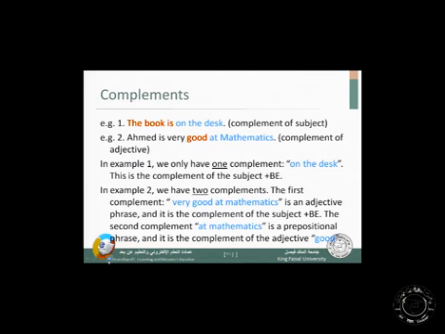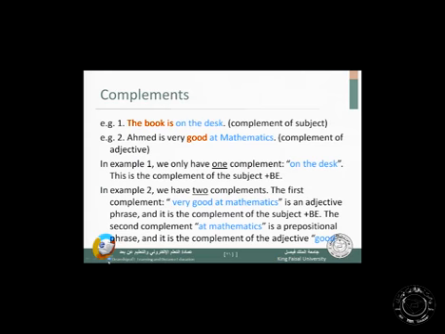So again, example 1, we only have one complement. The book is, we can't end the sentence here, we need to complete it. So we say the book is on the desk. In example 2, when we say Ahmed is, we can't say nothing, we need to complete it. We need to say Ahmed is nice, Ahmed is very good at this, at mathematics.